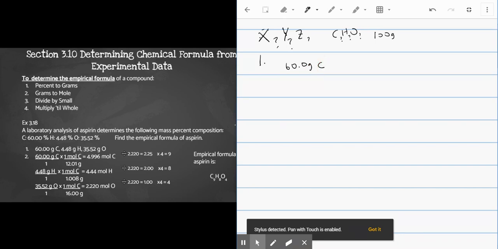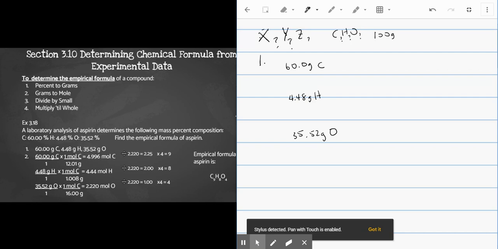And it's 4.48% hydrogen, so I would have 4.48 grams of hydrogen if I had 100 grams of my sample. And last but not least, 35.52% of 100 is 35.52 grams. So mathematically, all you're doing is basically dropping the percent symbol and changing it to grams. By assuming that we have 100 grams, they are the same thing.